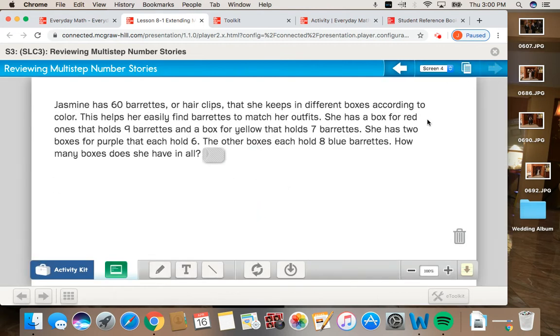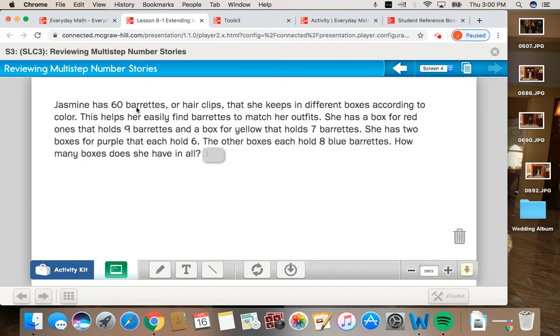All right, so here's another problem. I'm going to read it with you, and then I want you to try it yourself. Let's take a look. And again, there's a lot of information here, but we just need to organize it. Organizing your work is key.